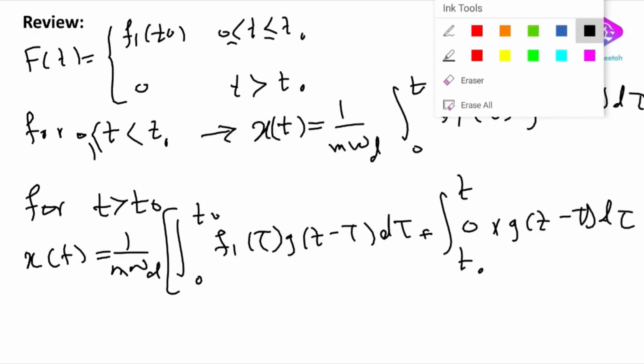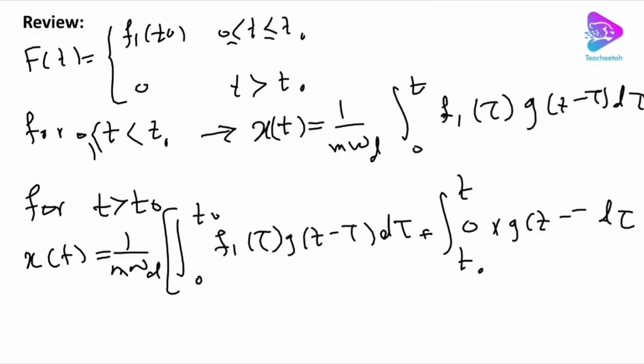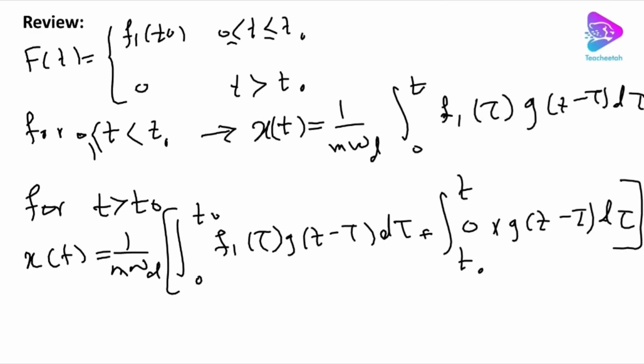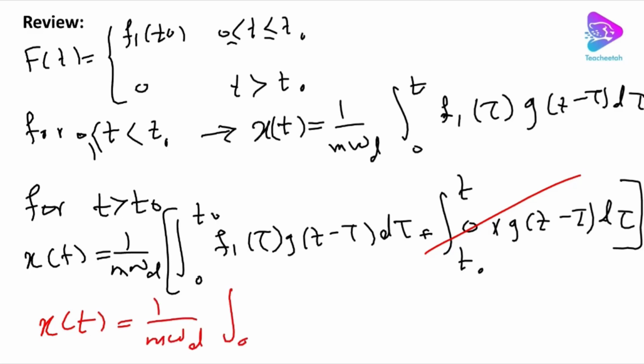As you can see, the second component, which has 0 times g(t minus tau), is basically 0, which makes it easier. So for this case, x(t) would be 1 over m omega d, integral from 0 to t naught of f1(tau) g(t minus tau) d tau.